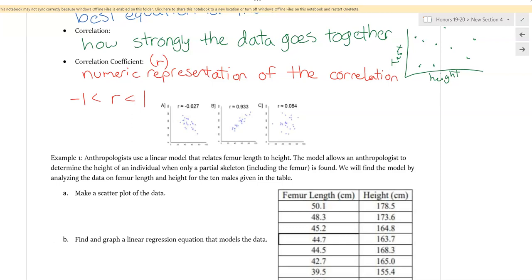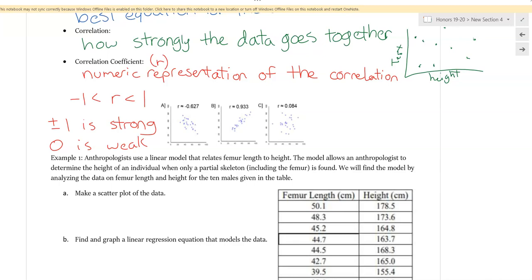Positive 1 or -1 is strong. 0 is weak. Okay? A negative correlation doesn't mean it's a weak correlation. A negative correlation just means it's opposite.